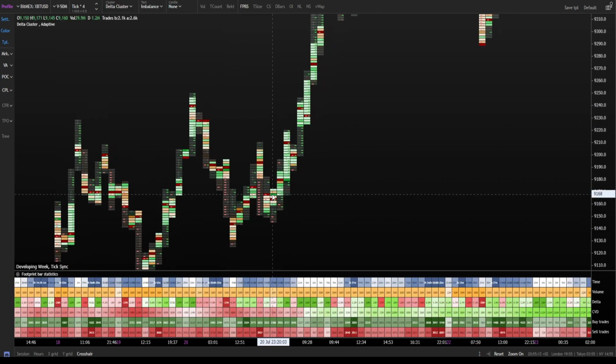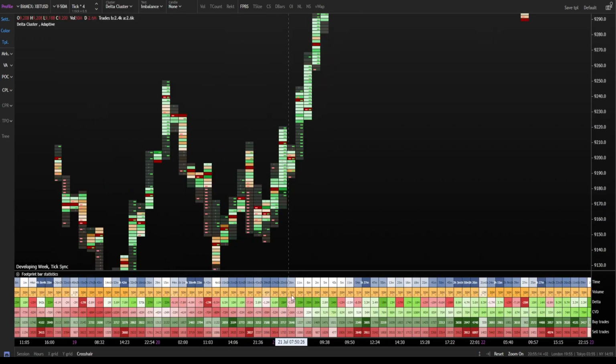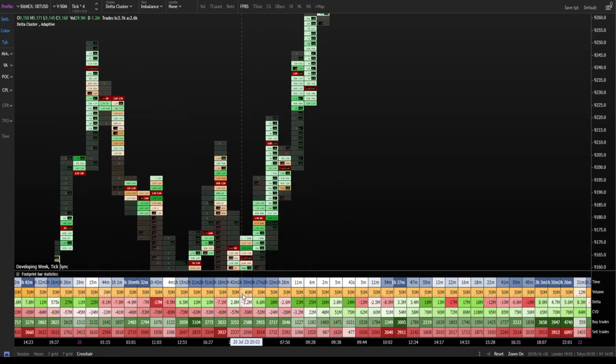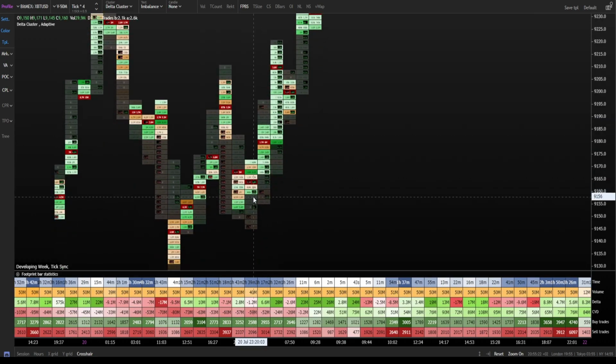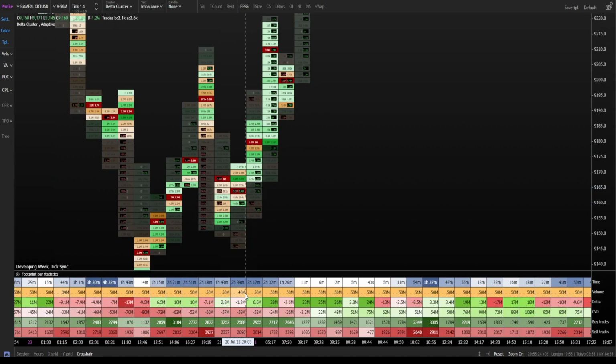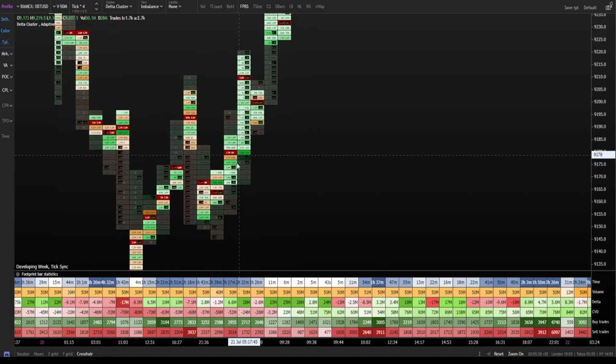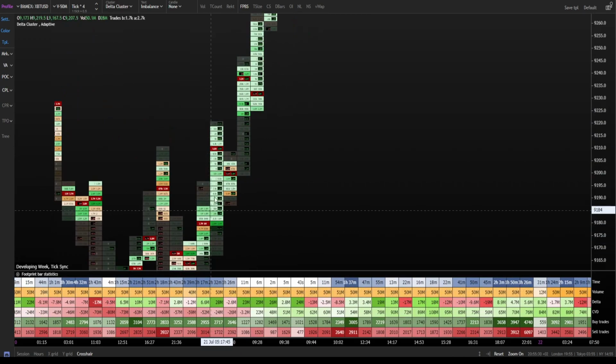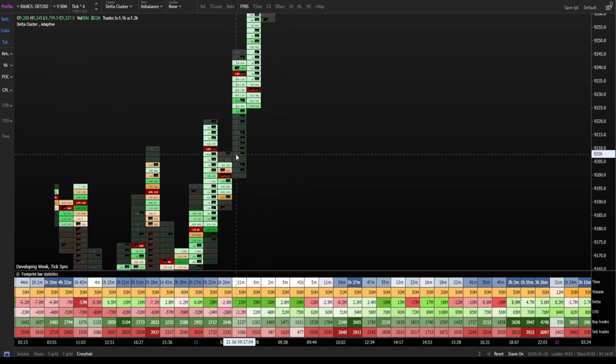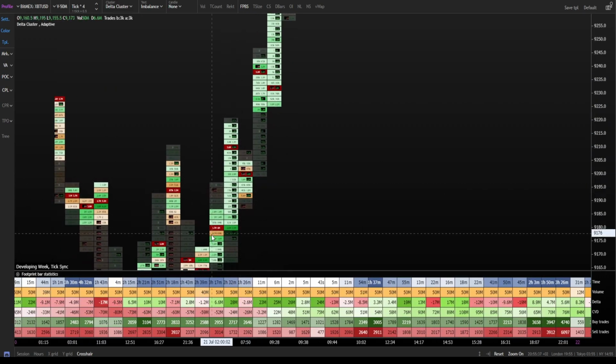Then we started to make our move upwards, all 50 million candles. I don't really know why this one says 40 million. Probably a big order. Doesn't matter. All 50 million candles. Now there are a couple of things that you can look at.